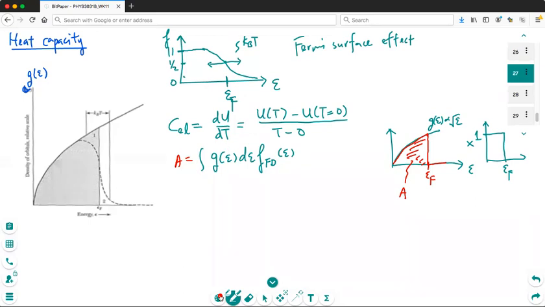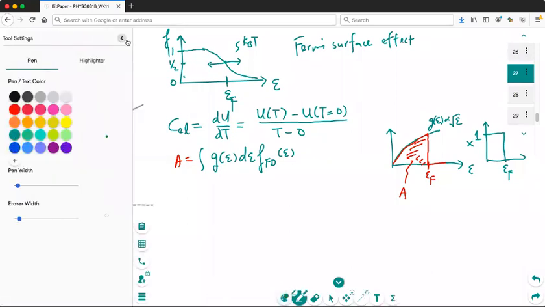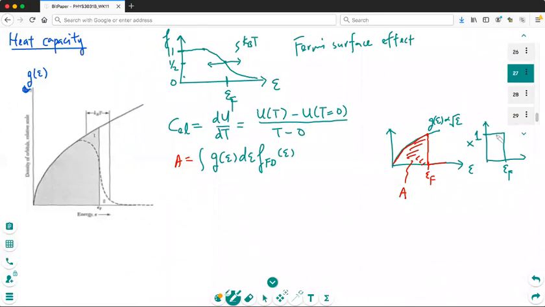Another one is the finite temperature. Unfortunately, in that case I don't have a step function, but a slightly rounded curve. I have the same expression, but I will do it graphically. Far below the Fermi energy, I still have 1, so I still trace this curve quite faithfully. Then around the Fermi energy, I begin to have rounding, so this becomes smaller, and I have to multiply by a number less than 1.